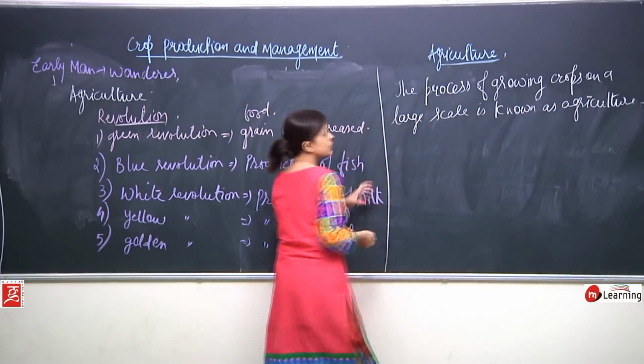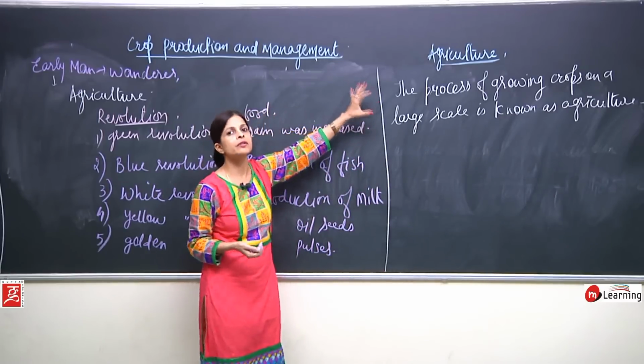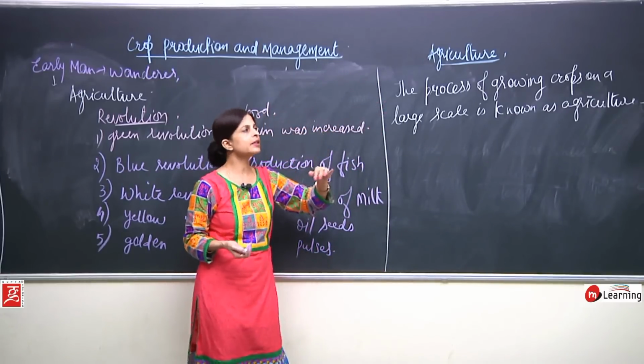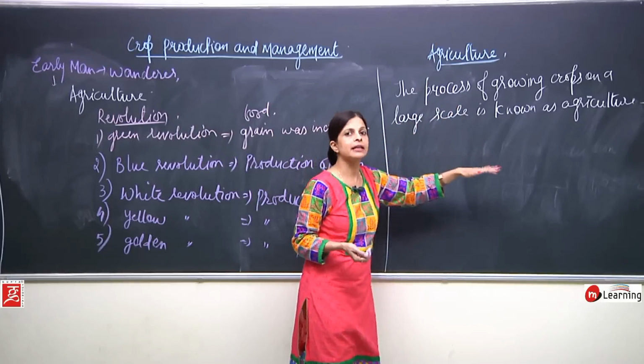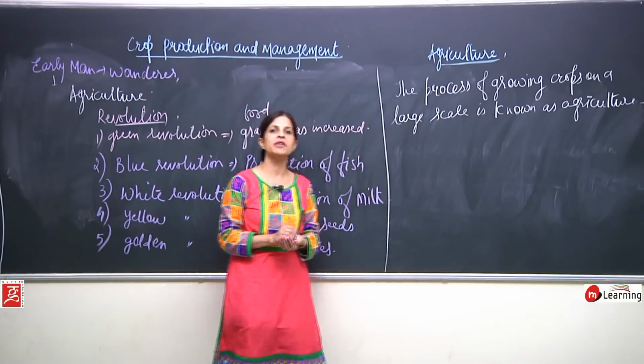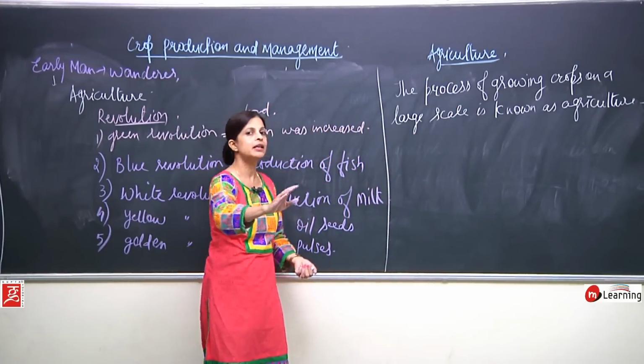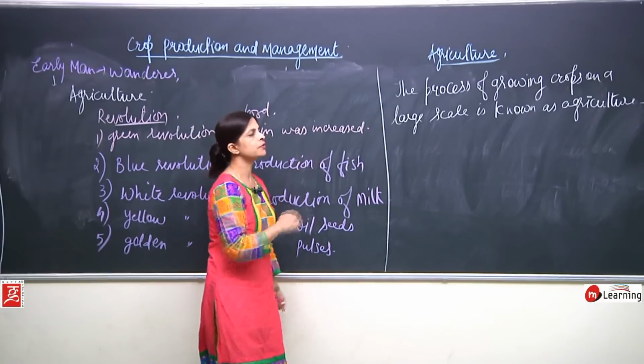So the whole chapter will be focused on agriculture. What is agriculture? The process of growing crops on a large scale is known as agriculture. That means when the crops are grown on a large scale, in huge quantity, then it is known as what?